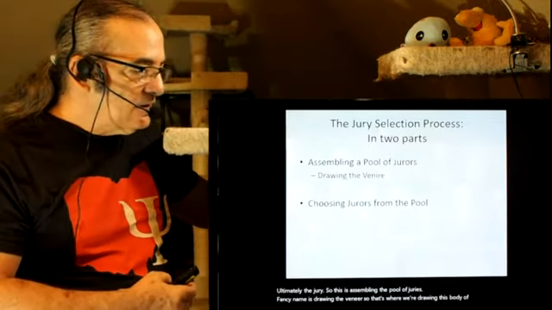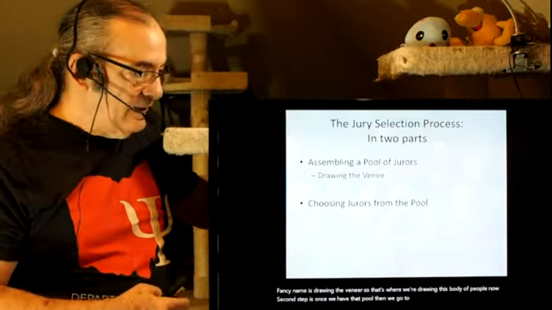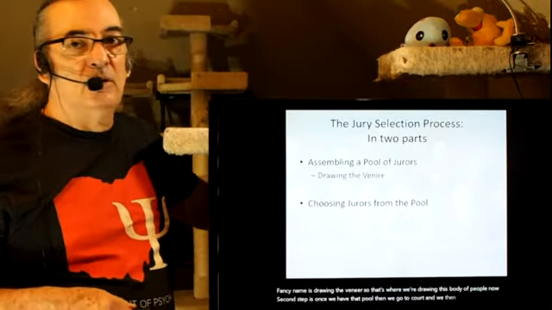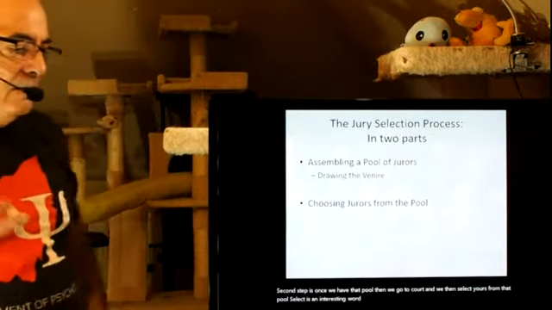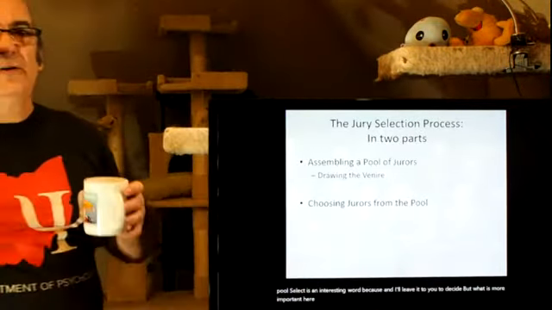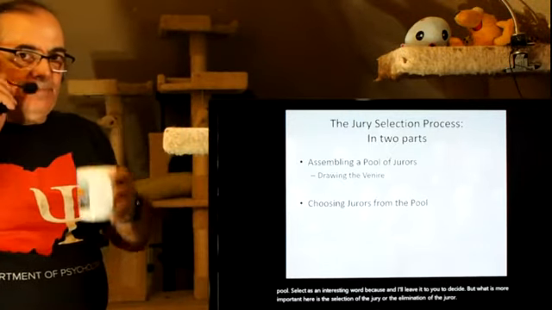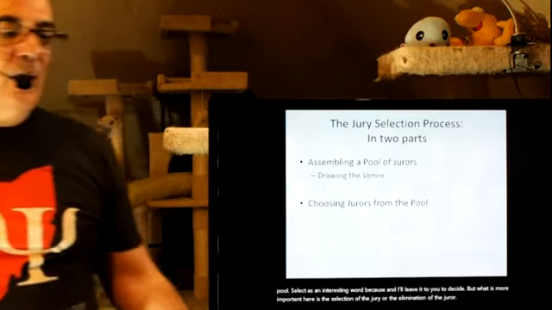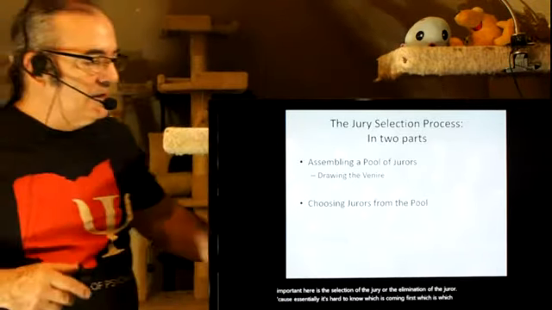Now, second step is once we have that pool, then we go to court and we select jurors from that pool. Select is an interesting word because, and I'll leave it to you to decide, what is more important here? Is the selection of the juror or the elimination of the juror? Because essentially, it's hard to know which is coming first, which is the chicken and which is the egg, so to speak.